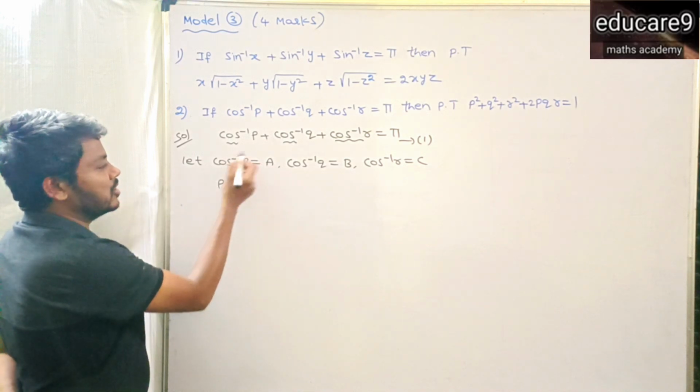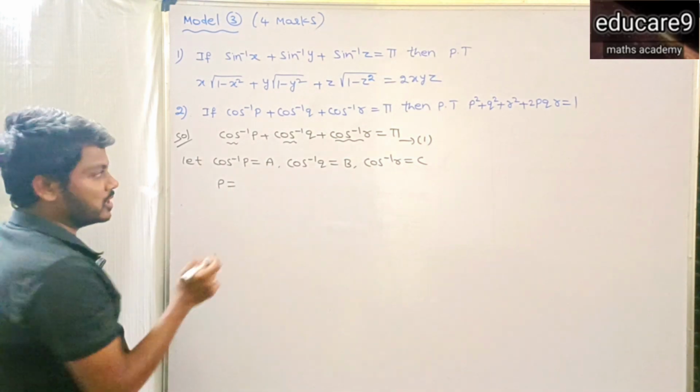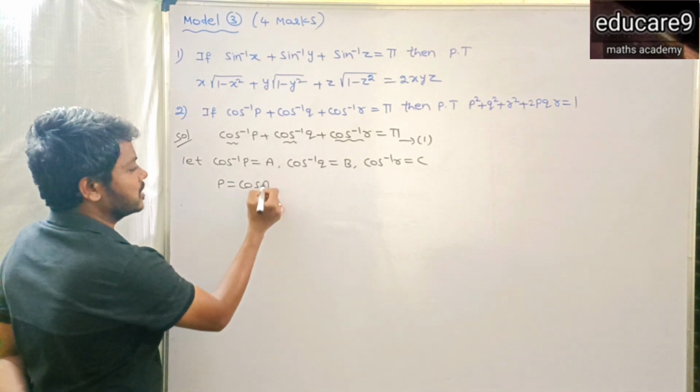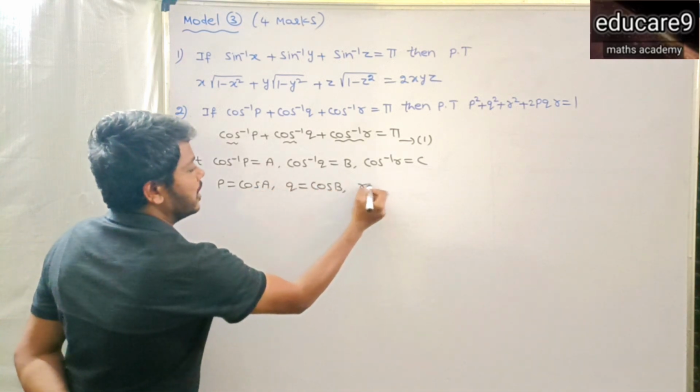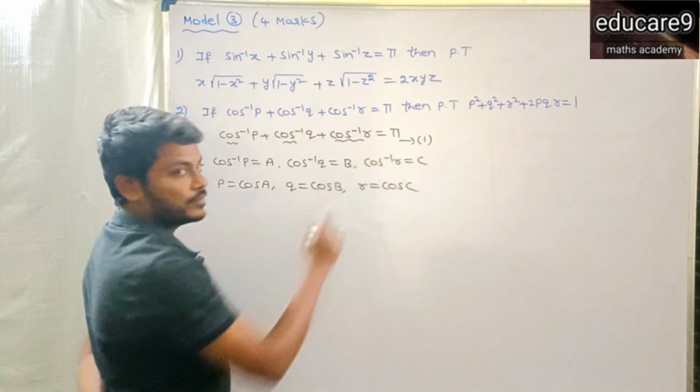You can send cos inverse to the right hand side, it becomes cos. That is P equal to cos A, Q is equal to cos B, and R is equal to cos C.